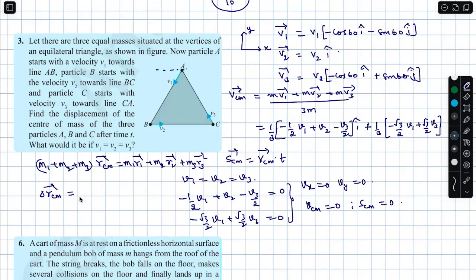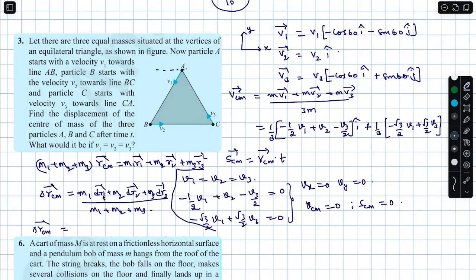So M1 displacement dr1 bar plus M2 dr2 bar plus M3 dr3 bar by M1 plus M2 plus M3.